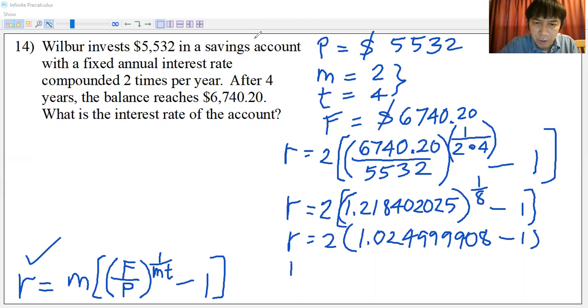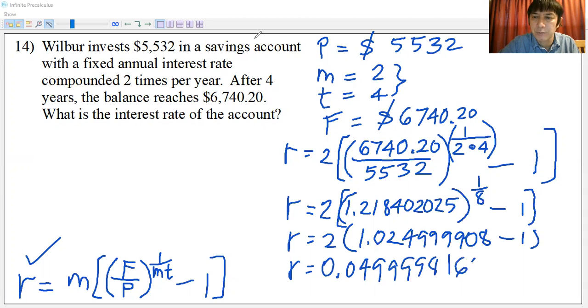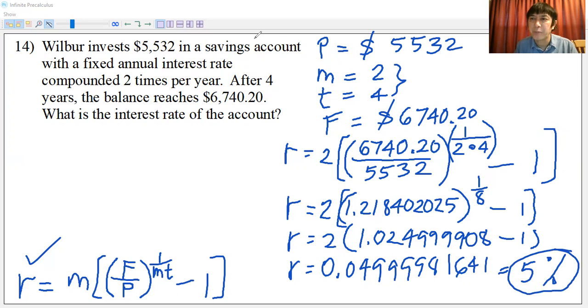And the R is equivalent to 0.0499981641. And that looks like 0.05. And 0.05 is 5%. R is 0.05, rounded, and that will be 5%.